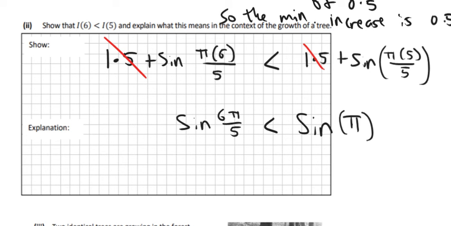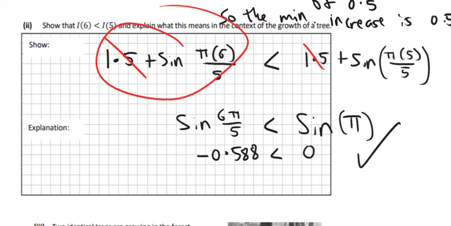Right, so you can put those into the calculator. If you put sine 6 pi over 5 in, you'll get minus 0.588 when you round it off, and sine of pi will be 0, so that is less. So that's true, you've shown that. For the explanation, you just need to say that all of this here was the increase in year 6. So that's how much the radius increased in year 6.